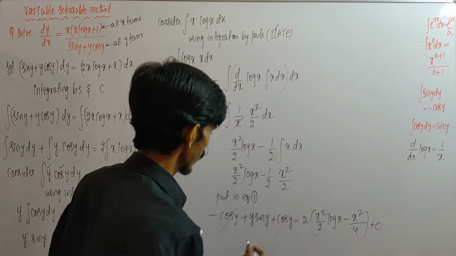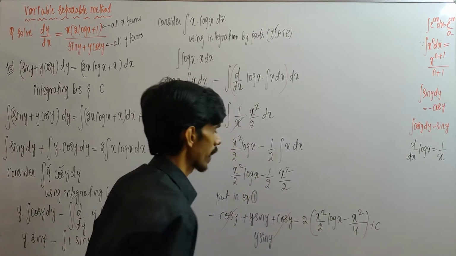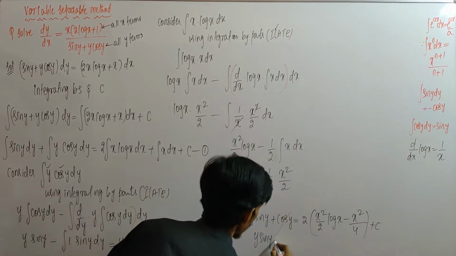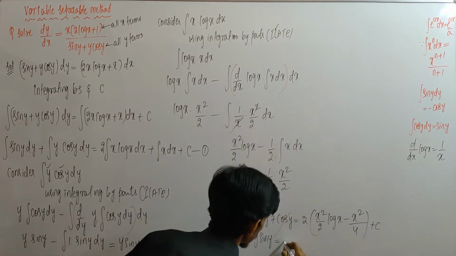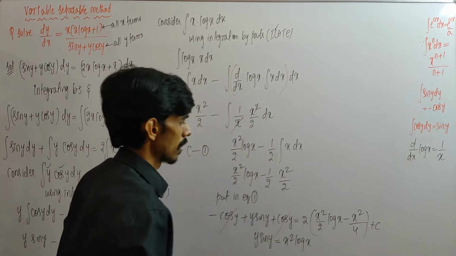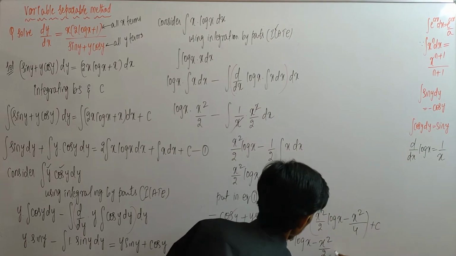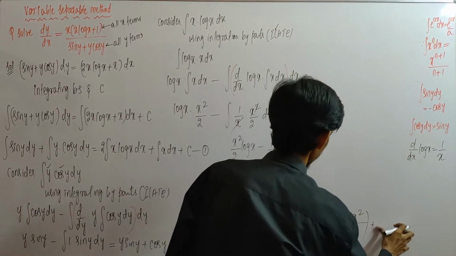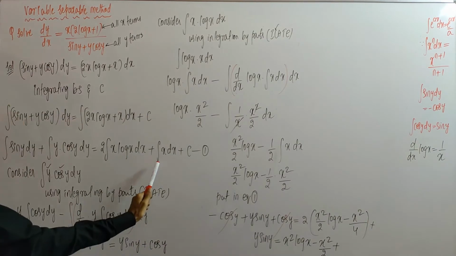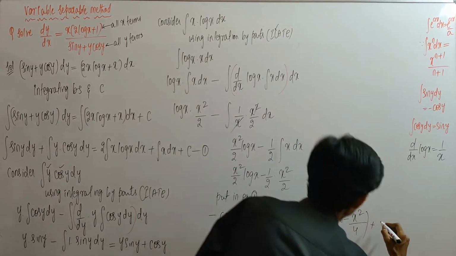Then here I have y sin y. Multiply this, and this 2 will get cancelled. We have x square log x, 2 into this will become minus x square by 2, plus, here we have the integration of x term. Integration of x is x square by 2.